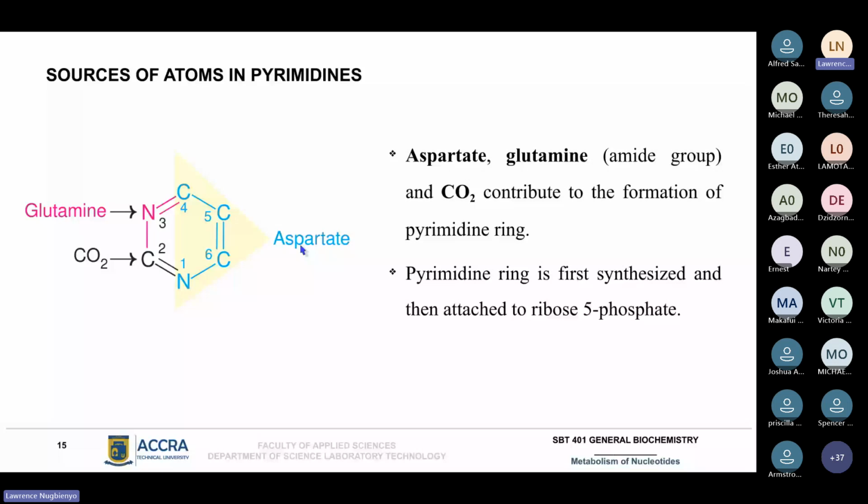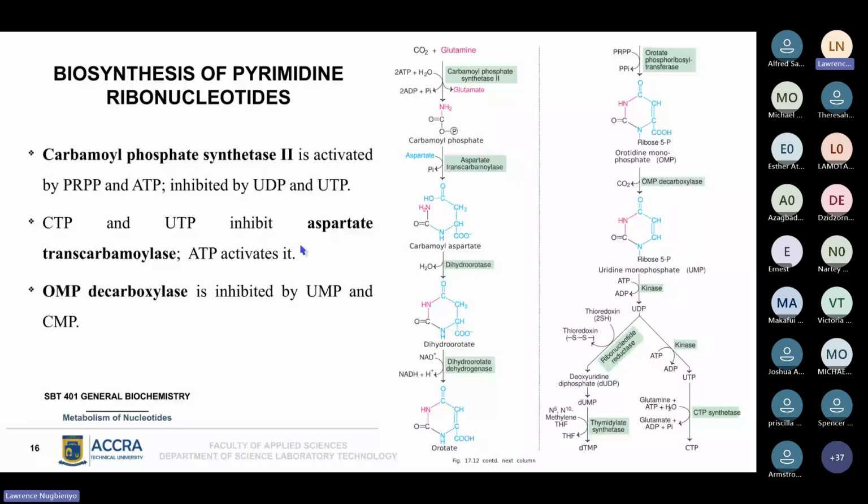So that is a major difference between the synthesis of purines and pyrimidines. Now, here too, if you look at the reaction pathway, we see carbon dioxide and glutamine, first of all, undergoing some conjugation with phosphorylation, because there is also the participation of ATP, donating one phosphate group in that process.